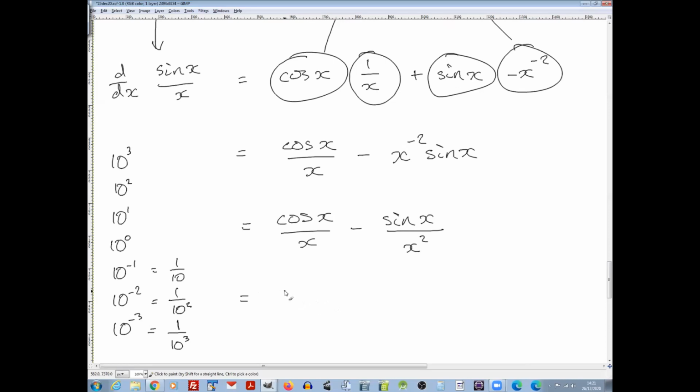What we could do is cos squared x minus sine x. No. Why cos squared x? Because I made the denominators the same. But then you want to multiply the numerator by what then? Well, I've squared the top and bottom.